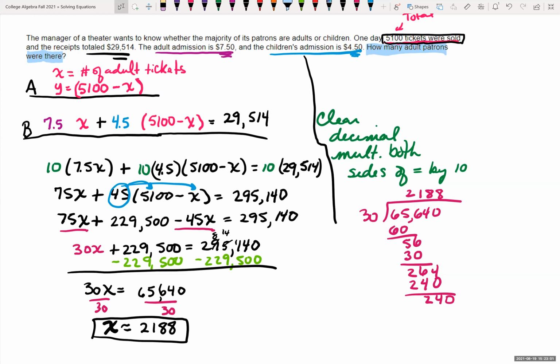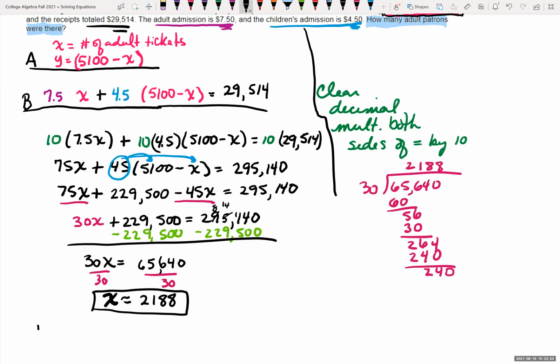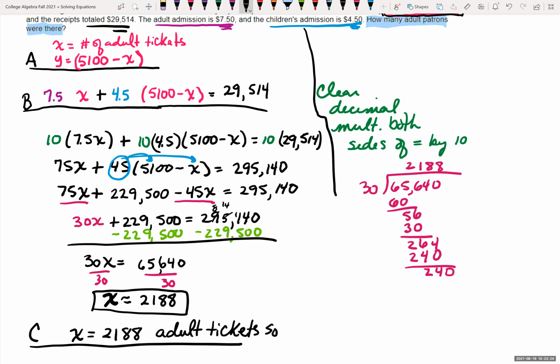So we know that part B and part C are answered. So x equals 2,188. And because it's a word problem, I'm going to specify units sometimes, so I'm going to put adult tickets sold. If I really technically wanted to, I could definitely figure out how many children tickets were sold, right?